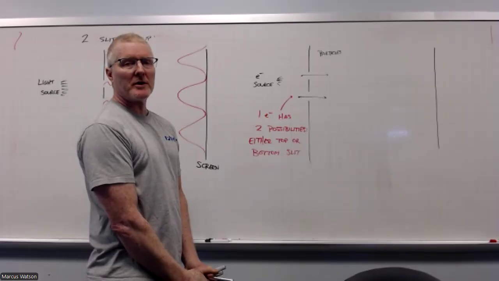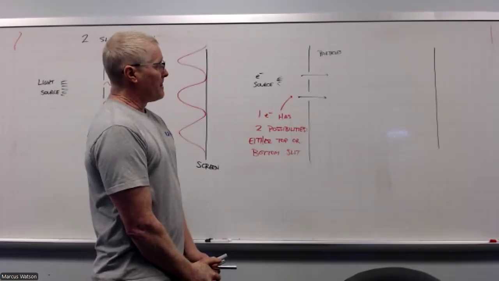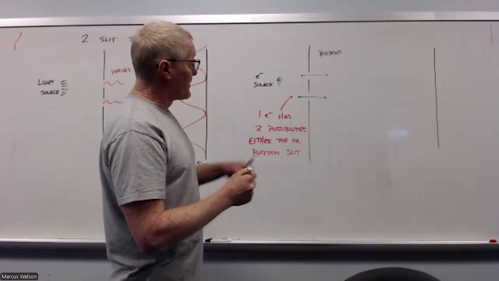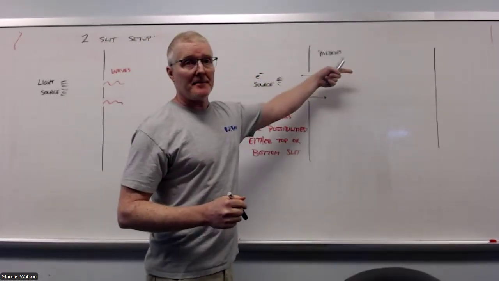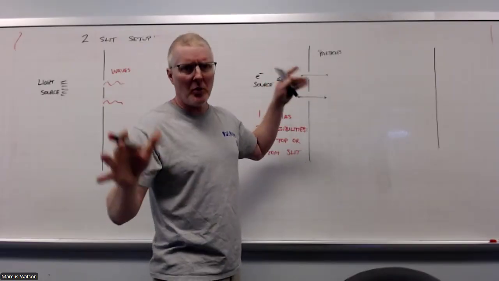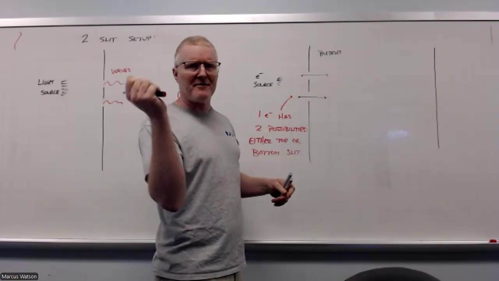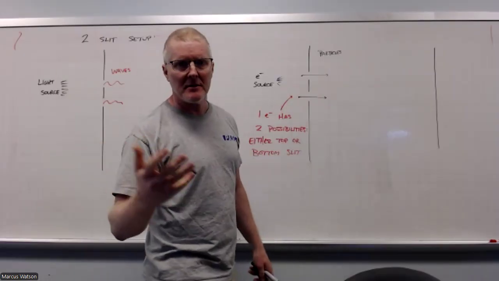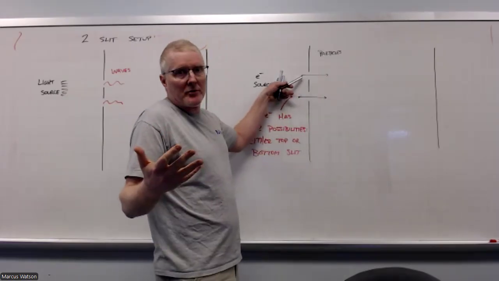So it could go through either one of those. What do we expect to see on the screen if it's particles that are coming through here? Well, if the electron goes through the top slit, then a bunch of electrons could go through the top slit, not all at once, but through repeated firings, right? Suppose I fire this thing 10,000 times. Well, there's going to be a certain number of them that are going through the top slit.